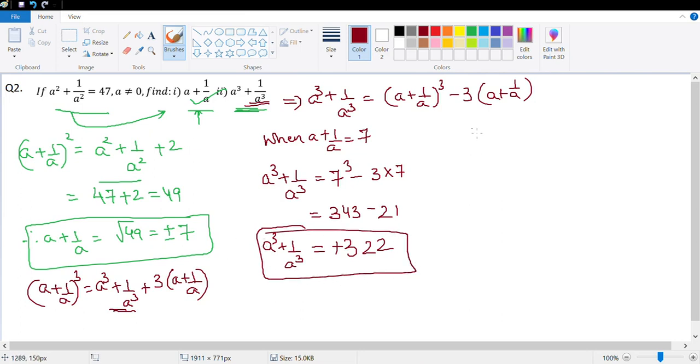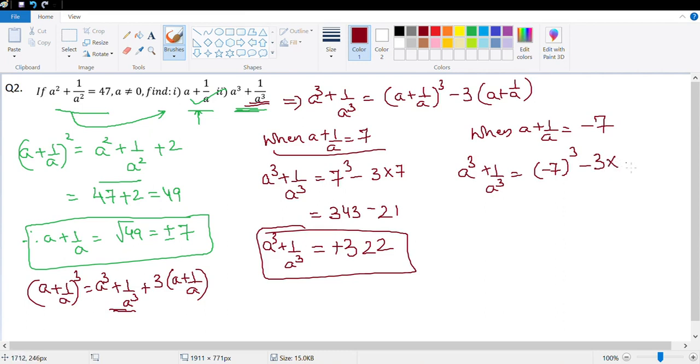And when a plus 1 upon a is equal to negative 7, what we'll get is a cube plus 1 upon a cube will be equal to negative 7 cube minus 3 times negative 7. That will be negative 343 plus 21, which is negative 322.